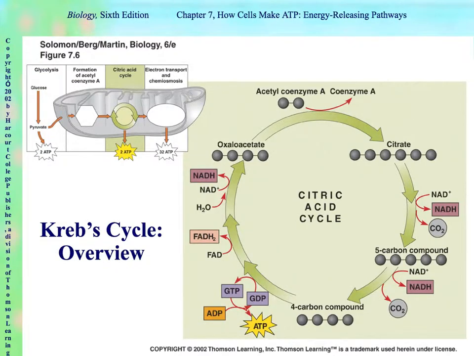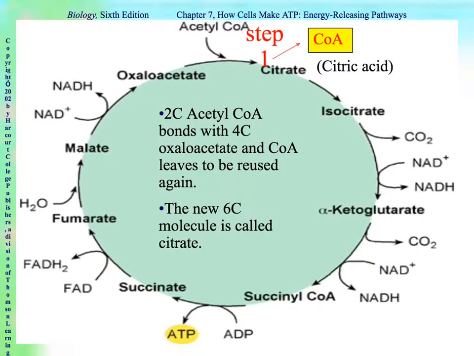So here's our diagram again. We are in stage 3, the Krebs cycle. And there is a diagram in the outline, if you're using the outline, that you can follow along and fill in the bullets at the same time. Okay, step number 1, we are up here. Here's our acetyl coenzyme A. So acetyl coenzyme A is going to add with oxaloacetate.